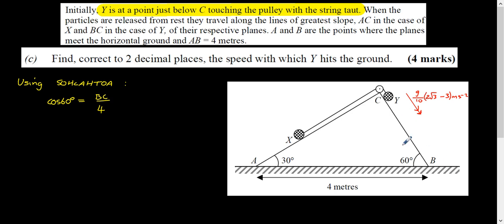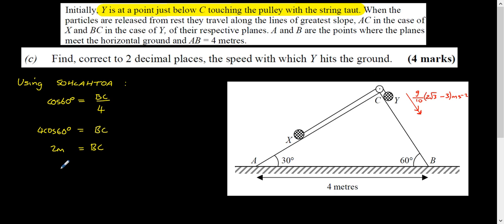BC is the unknown length, it's adjacent to the 60, so we can use that. So if we can calculate 4 cos 60, then we get our BC. Now cos 60, as you know, is a half, and so 2 is our length BC, 2 meters.